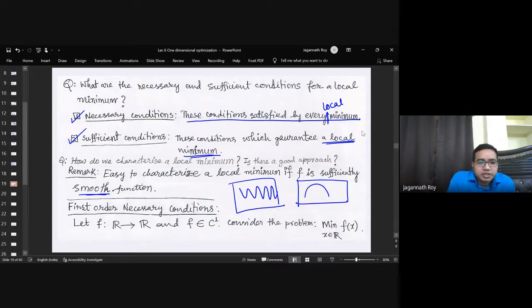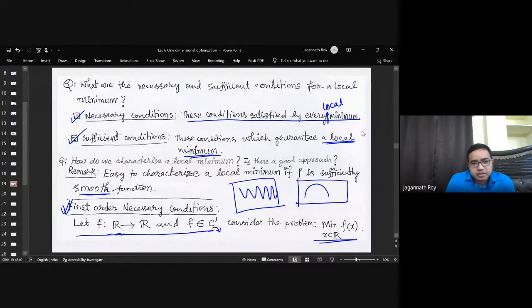So we need to understand the first order necessary conditions. For this, we need to assume these assumptions, and consider the unconstrained problem. This is the one variable case we are studying now.